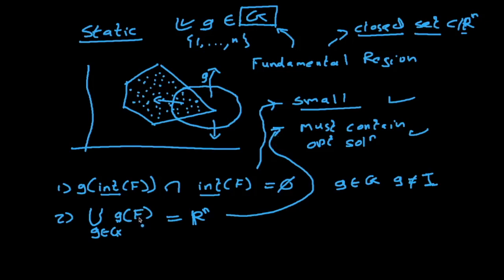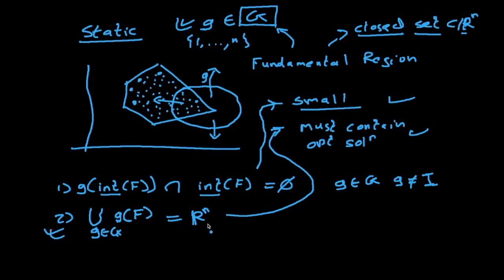Why? The G's are symmetric groups, and these symmetries are defined based on the solution. Let's say all my optimal solutions are outside, say these are the only 4 optimal solutions for this problem, and none of them are inside this. Then it doesn't make sense, because this property is holding.